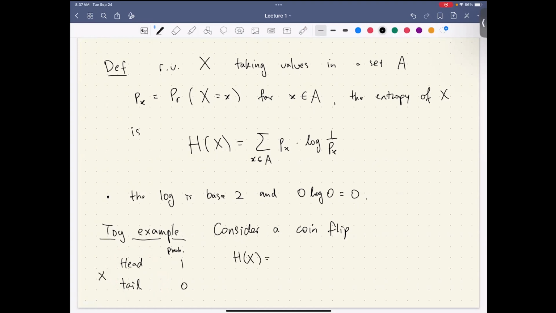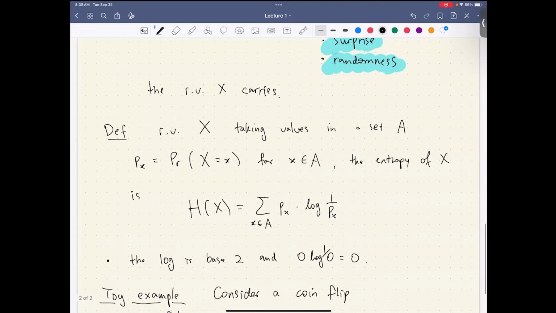We have probability 1 of heads, plus probability 0 of tails. Maybe I should write this: log 1 over 0. And log 1 is 0. This is 0, which makes sense because this is deterministic. It carries no information, no surprise.